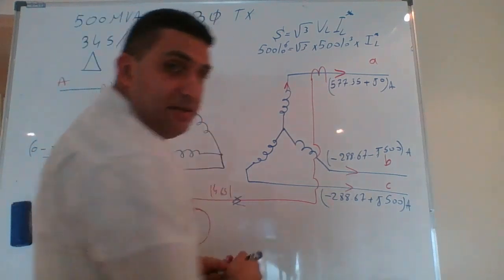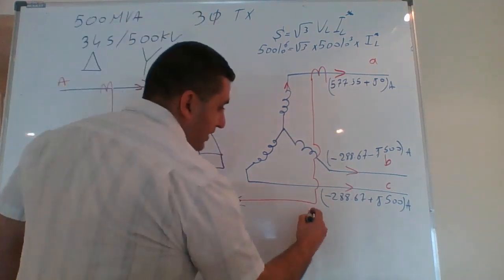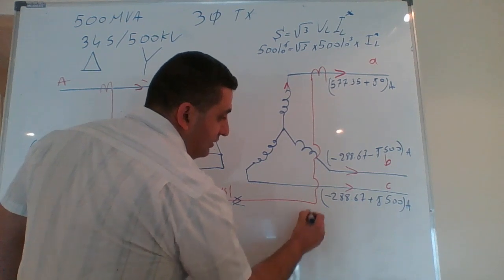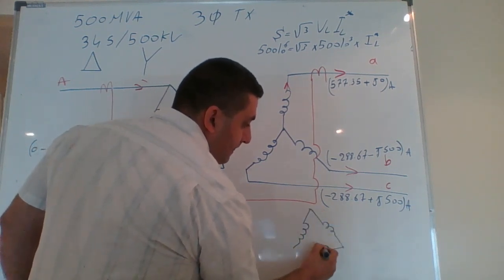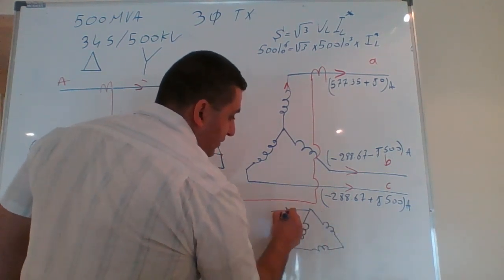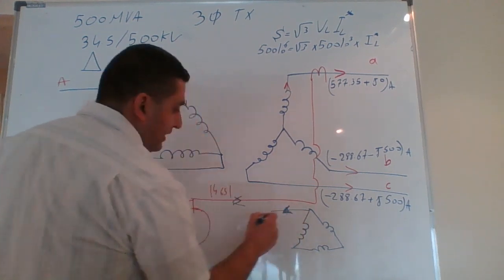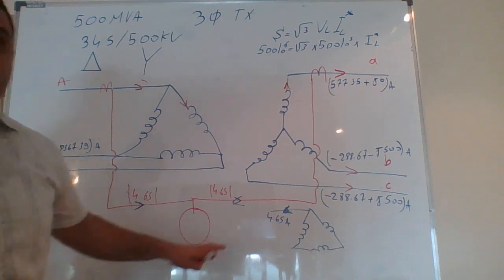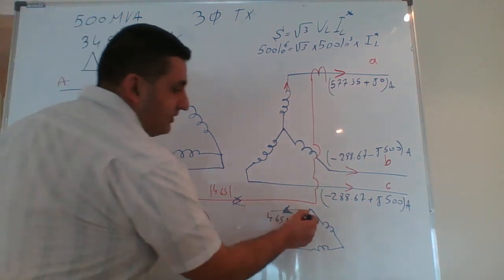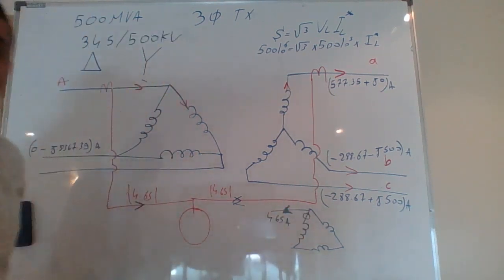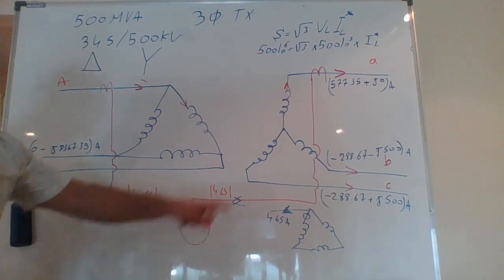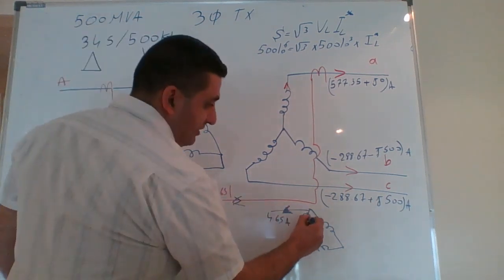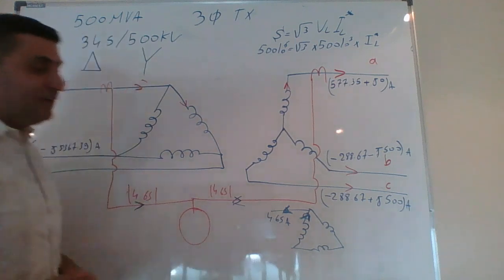Look at this scenario here. These CTs are connected into delta. I have this current going up that is 4.65 amps in magnitude. In magnitude, what would this one be? This current is divided by √3. This current that comes out of here is divided by √3.